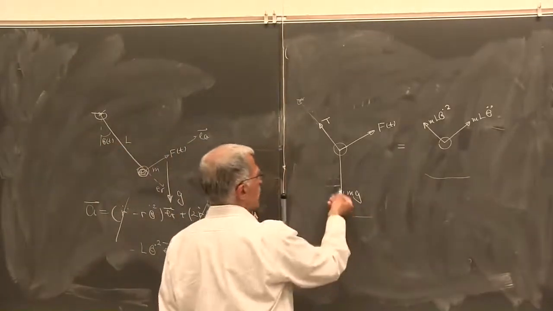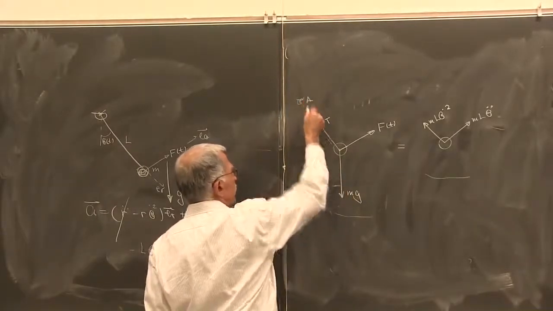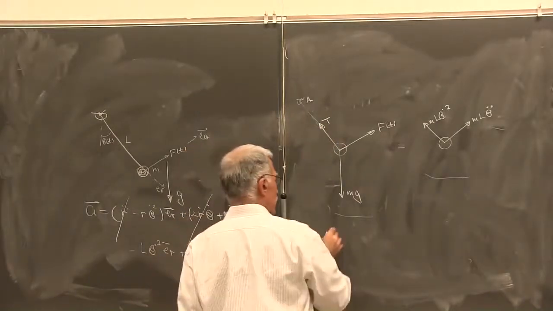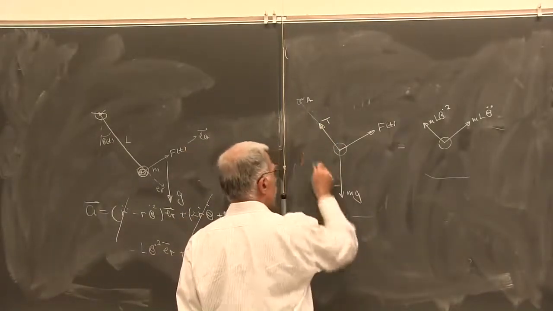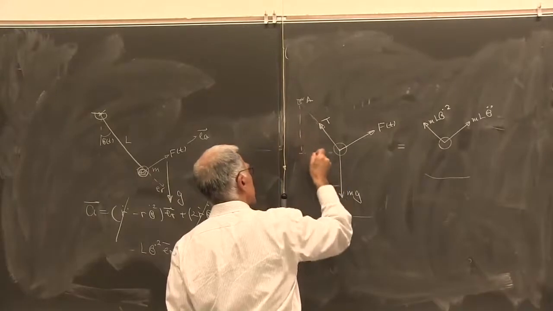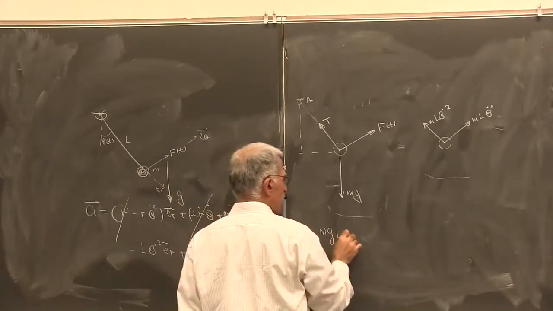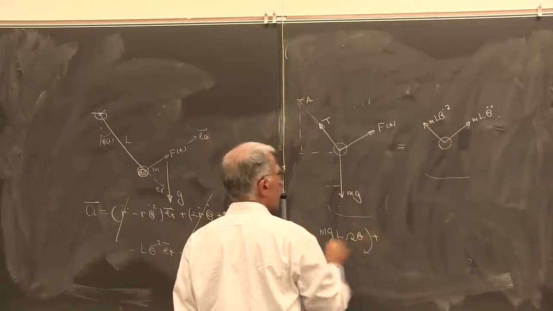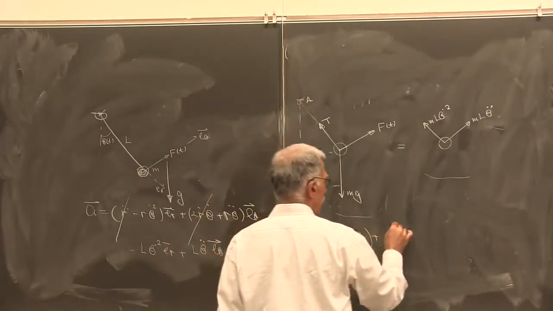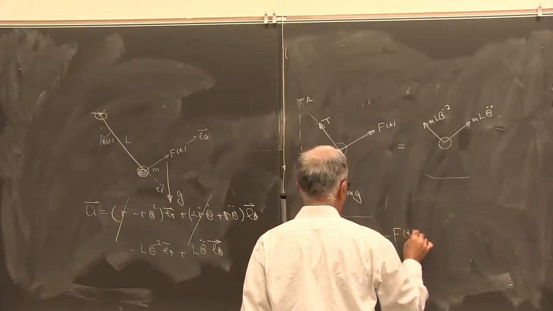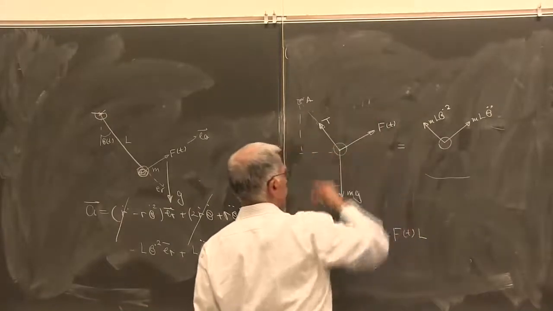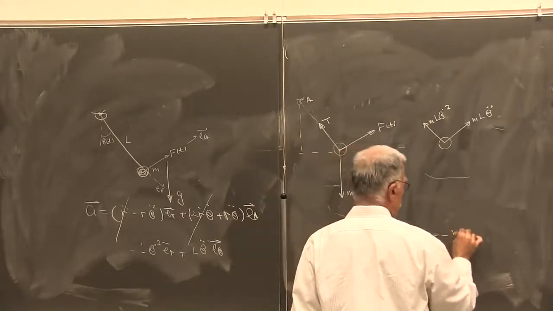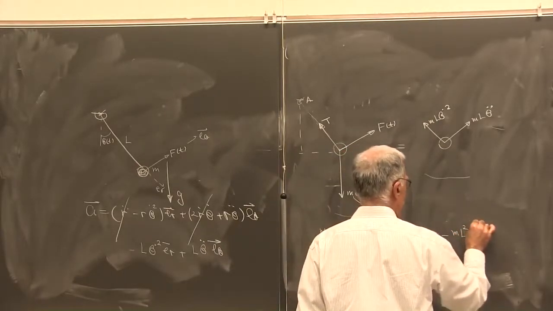If you take the moment with respect to point A for this picture, this internal force T gets eliminated. So you can say mg times this distance, L sine theta, clockwise, minus F of t times L, counterclockwise, is equal to minus m L squared theta double dot.